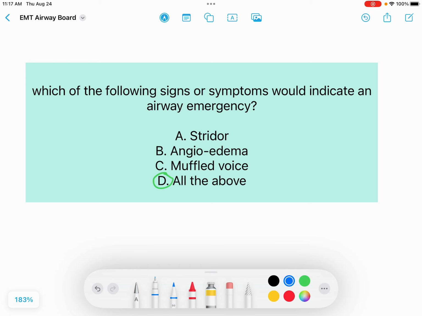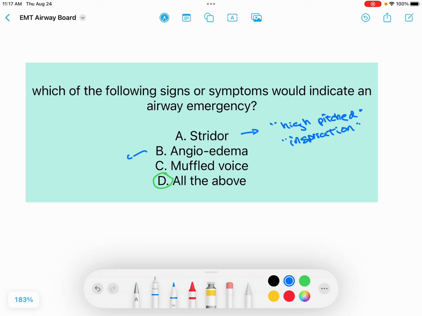So stridor, we mentioned this in the last video. Stridor is this high pitched inspiratory sound. And this is a sound where it's kind of like when you blow across a narrow aperture, super high pitched. Same thing's happening in your airway. So high pitched, and it's going to be on inspiration most commonly.